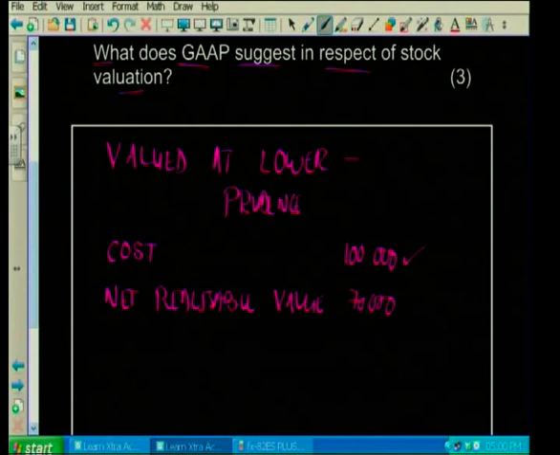Or are you now going to revalue them and show them at 70,000? Definitely, grade 12s, you will have to revalue that stock and show it at a net realizable value of 70,000, because GAAP suggests that stock must be valued at the lower of cost or net realizable value.